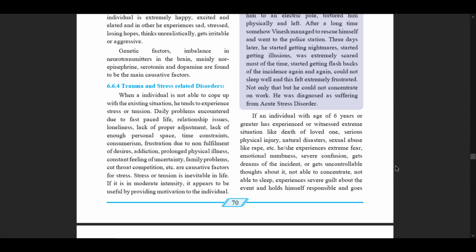If an individual aged 6 years or greater has experienced or witnessed extreme situations like the death of a loved one, serious physical injury, natural disasters, or sexual abuse like rape, he or she experiences extreme fear, emotional numbness, severe confusion, gets dreams of the incident, or gets uncontrollable thoughts about it, is not able to concentrate, not able to sleep, experiences severe guilt about the event, and holds himself responsible and goes into depression.